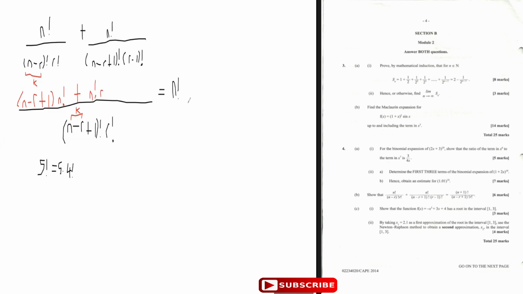And what we're left with is n minus r plus 1 plus r, all divided by n minus r plus 1 factorial times r factorial.